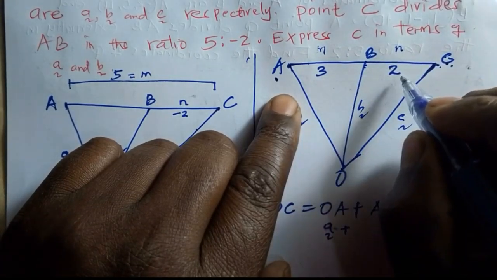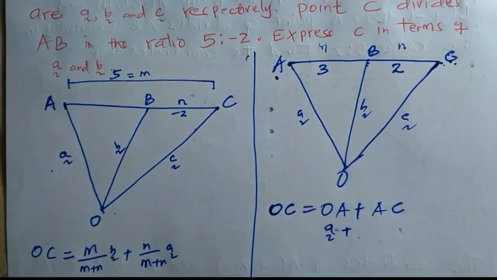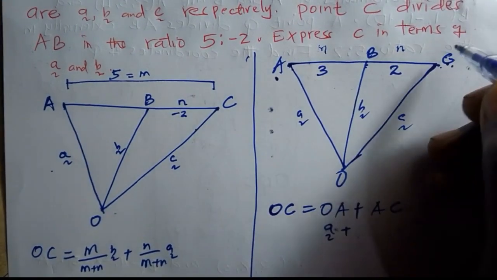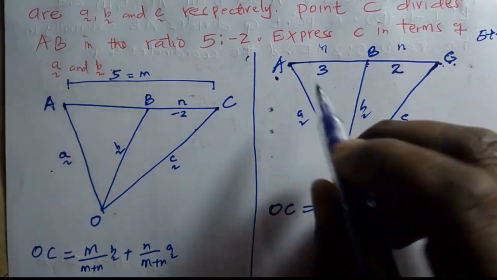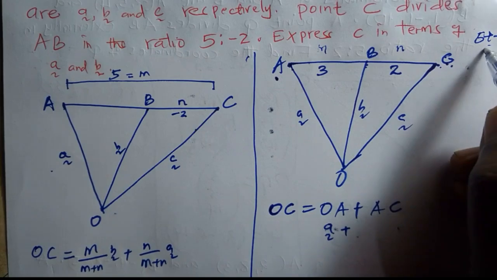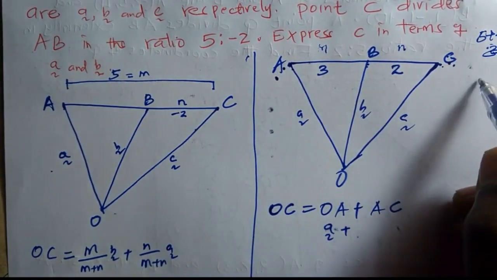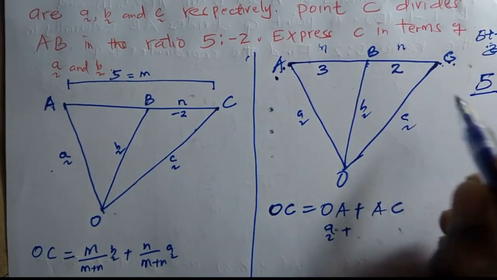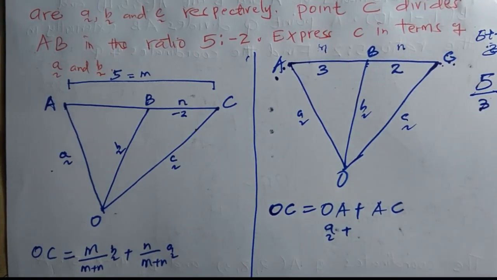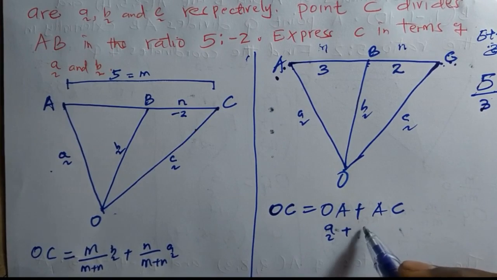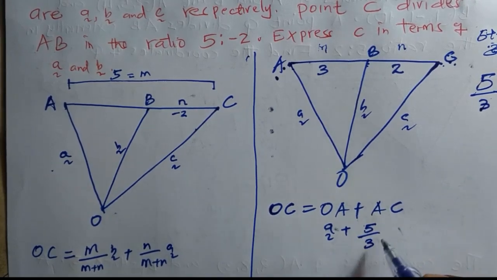From here to here is 5, but the total will not be 5, because it is 5 plus -2. So the total here is 3. So from A to C is 5 over the total, which is 3. Meaning AC is 5 over 3 of AB.